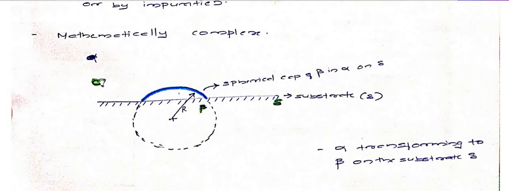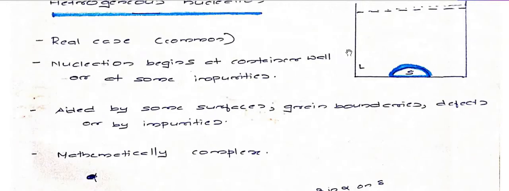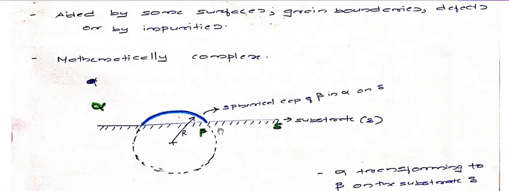What is happening is that the alpha phase is getting converted into a beta phase, and we will get a spherical cap here. While plotting we can imagine that it is of a full radius, total radius r, and the only portion we can see is this cap above the surface. There is a substrate, or the wall, which is of a different material, and we will call the substrate delta.